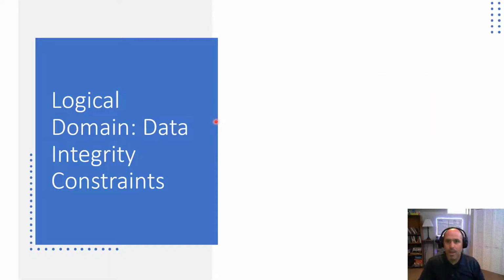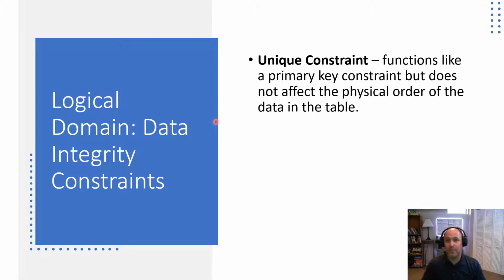Okay, so let's talk about how we implement logical domain. This is done through data integrity constraints. Okay, there is a unique constraint which functions like a primary key but does not affect the physical ordering of the data in the table. The unique constraint is what we use to reestablish entity integrity over our natural key when we have chosen a surrogate key, right?